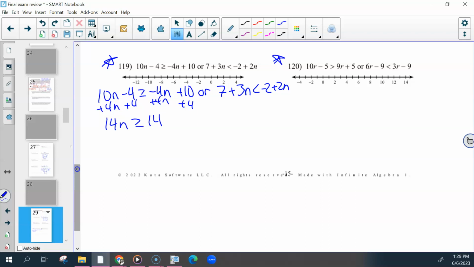Divide both sides by 14. And then solve the other side. Here, let's say I want to get rid of 2n by subtracting it, and then subtracting 7. We have n is less than -9.